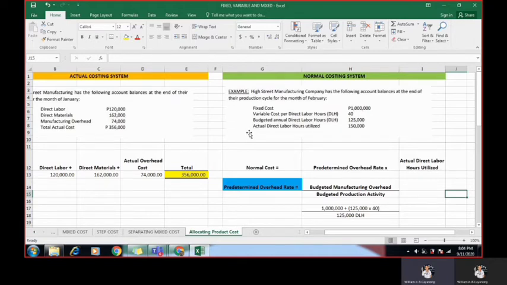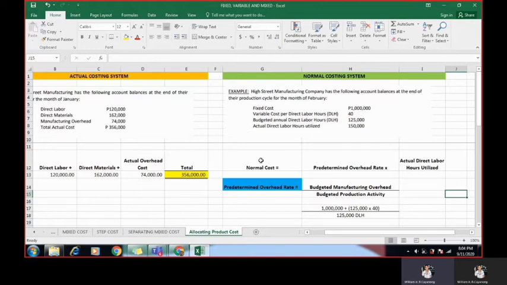So, in contrast to the actual, talagang ilalagay natin ang actual overhead cost. Pero dito, we will use predetermined overhead rate. So in overhead, we are going to use predetermined. So when we say predetermined, budgeted, or estimated overhead rate ang kukunin natin.